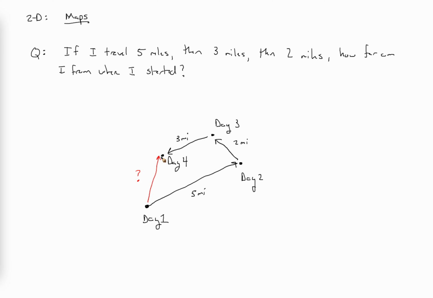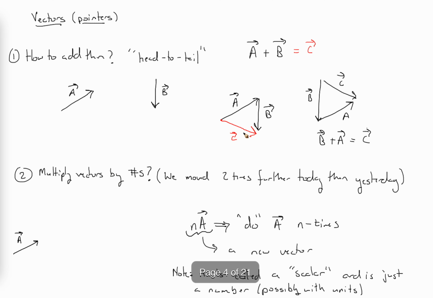So again, thinking about this moving on terrain, if you move 5 miles east, then 5 miles north, then 5 miles west, you end up 5 miles north of where you started. And it doesn't matter what order you do those in, you're going to end up at the same place as long as you do all three of them. So there are lots of rules for adding vectors, but this is the rule for how to add vectors, and it's called the addition of vector rule.